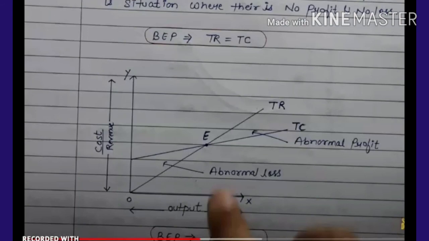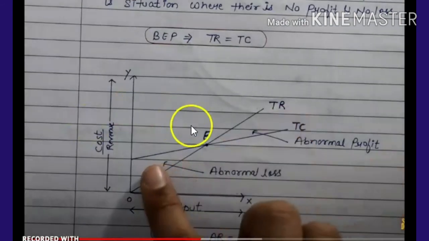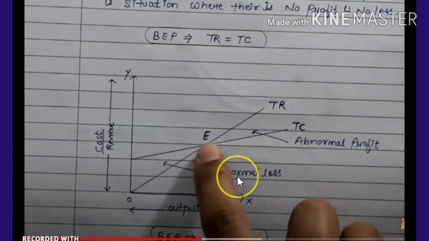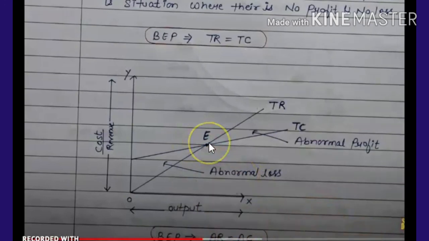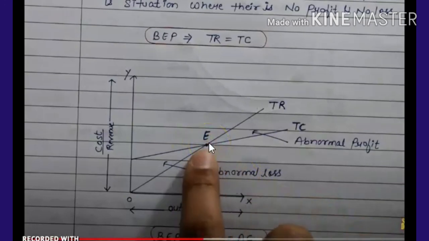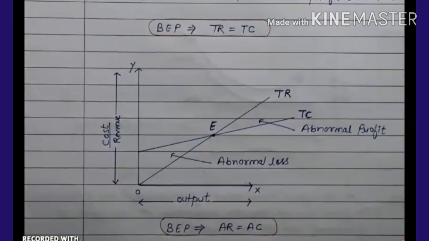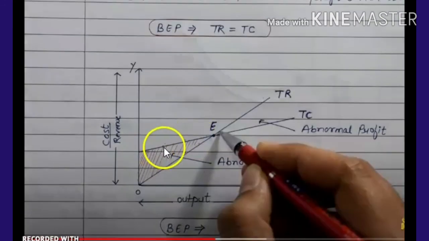So this is the curve showing the abnormal profit situation and abnormal loss situation. Here it is the equilibrium point where total revenue is equal to total cost. Again you can see this shaded portion. Always this TC will be above this O, that is 0. Why is it so?